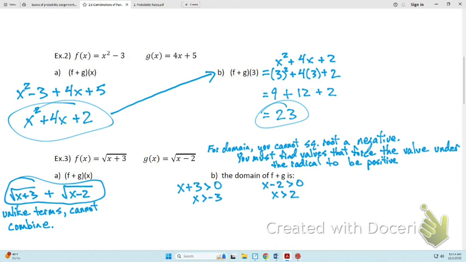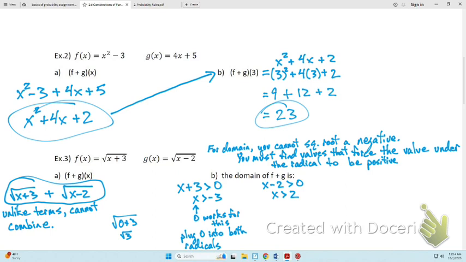So, for example, 0 works for this. Right? So plug in 0 into both radicals. On the first radical, I get a positive, and that's good. Look up at the middle of the screen. For domain, you cannot square root a negative.